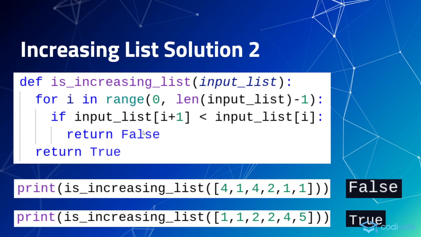That's it. Because there's no possibility that if one part of the list is decreasing, another part would make it so that we could undo the decreasing part. That's not possible. If we make it through the entire list and there's no points where the list is decreasing, we know that it must be an increasing list, so we return true.